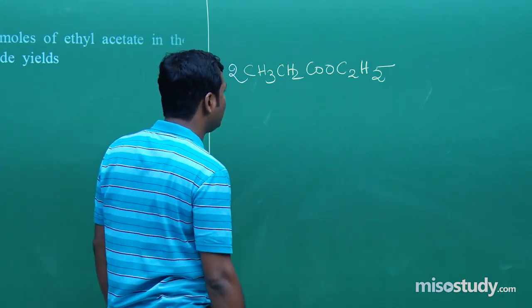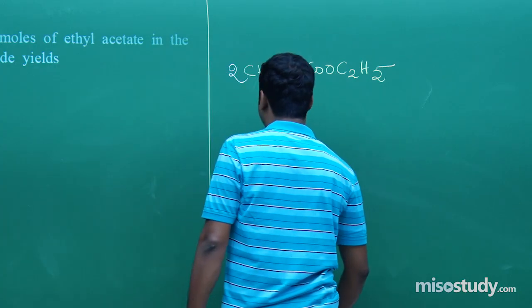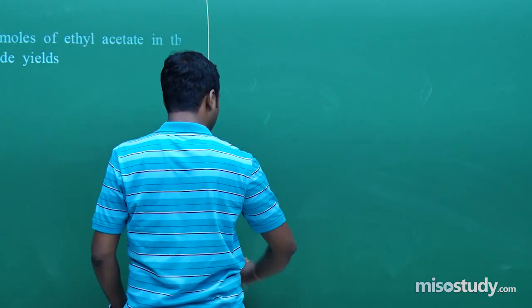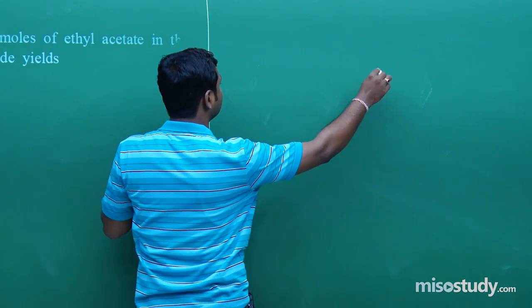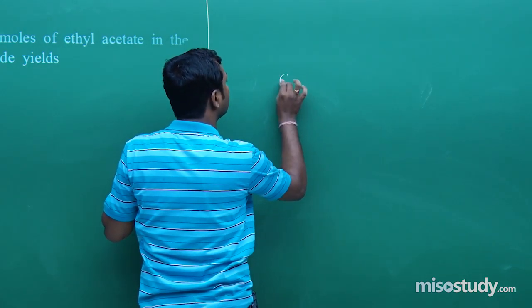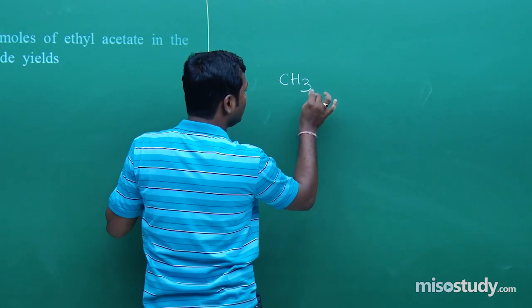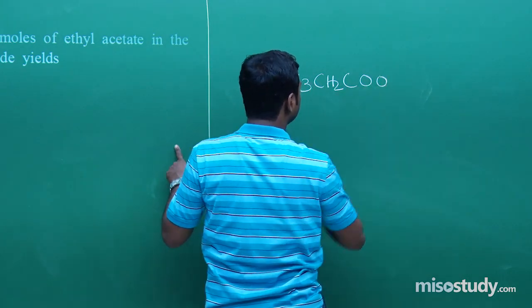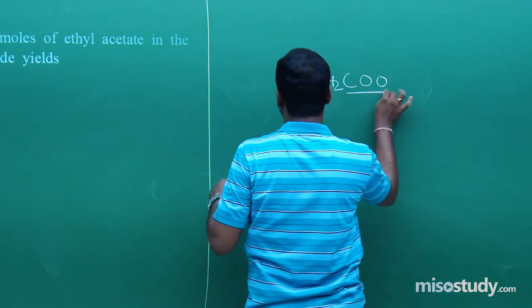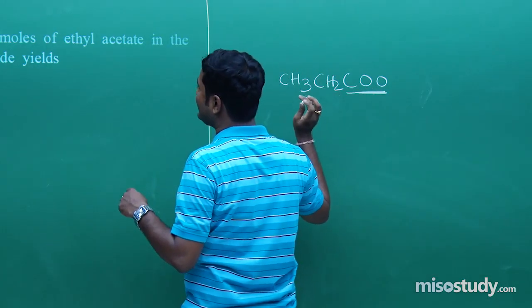What will happen in this case? It can be written like this: CH3COOC2H5, acetic ester, ethyl acetate.